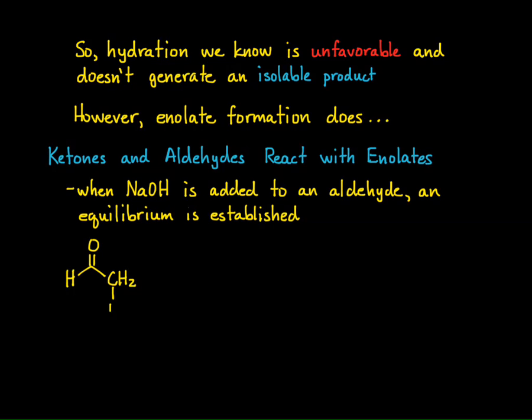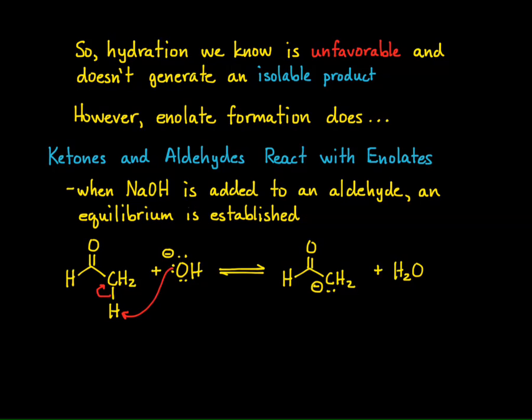So I have here acetaldehyde, and of course I've just highlighted one of the alpha hydrogens, and I have hydroxide. A reaction ensues in which the hydroxide removes an alpha hydrogen, and I establish an equilibrium between the aldehyde and its enolate. Notice also I generate water.